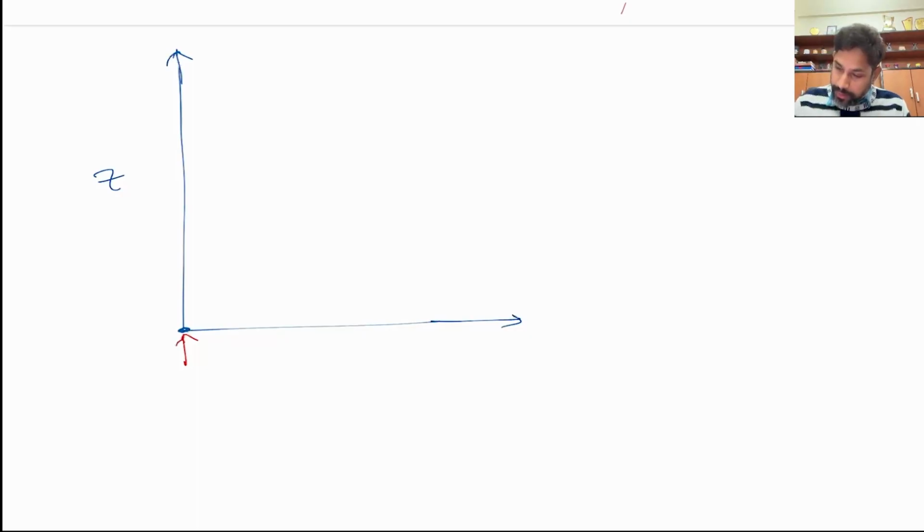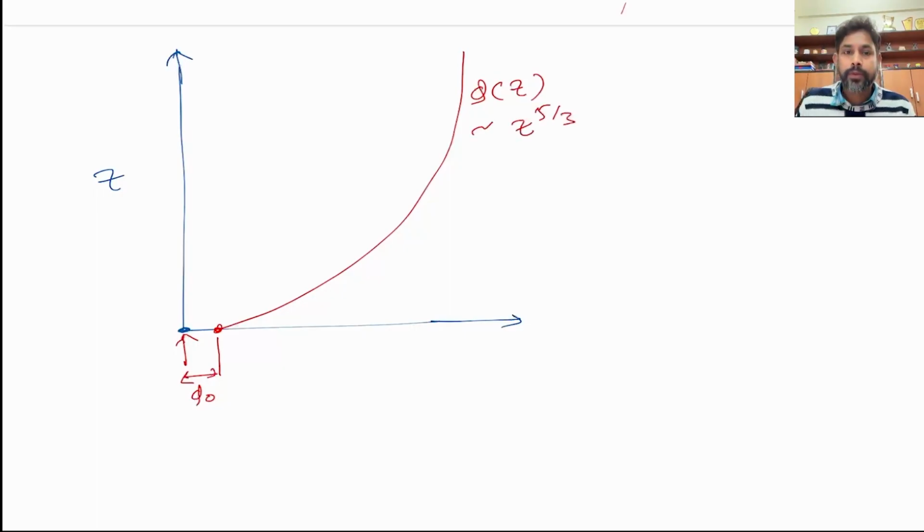So this is how your Q of Z will look like. So let's say this is your Q naught value. So this will be your Q of Z, which is actually increasing with Z to the power 5 by 3, right?